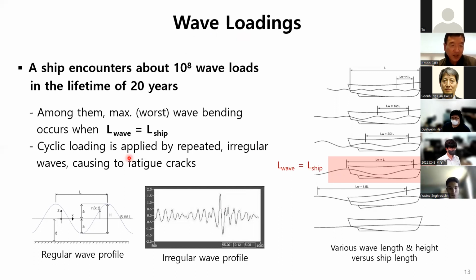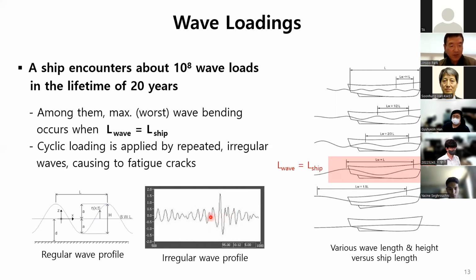Some waves are regular. The shape of wave height and length is uniform, like this figure. Some waves are irregular. Wave profile is not uniform, but changes all the time, like this figure at the bottom.